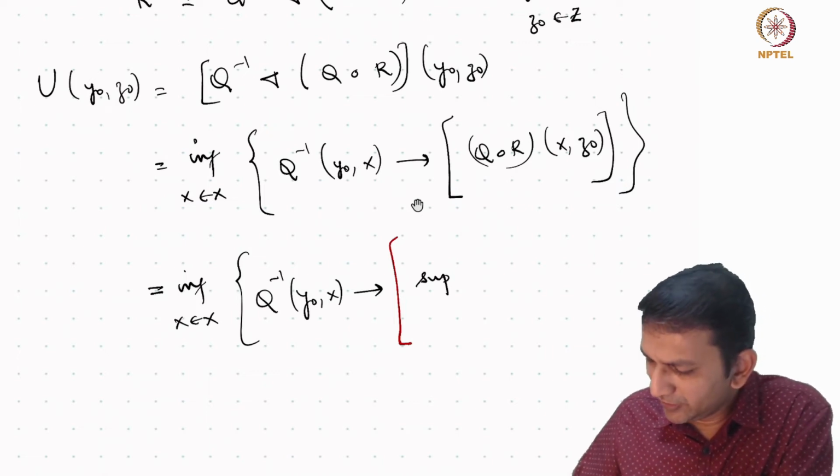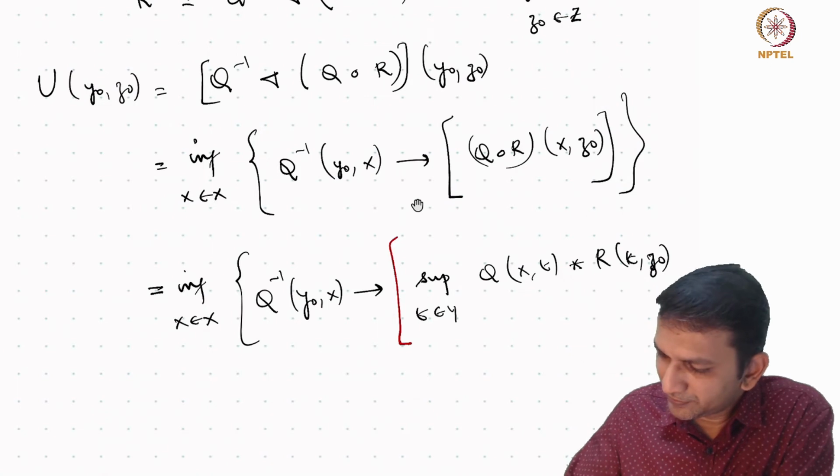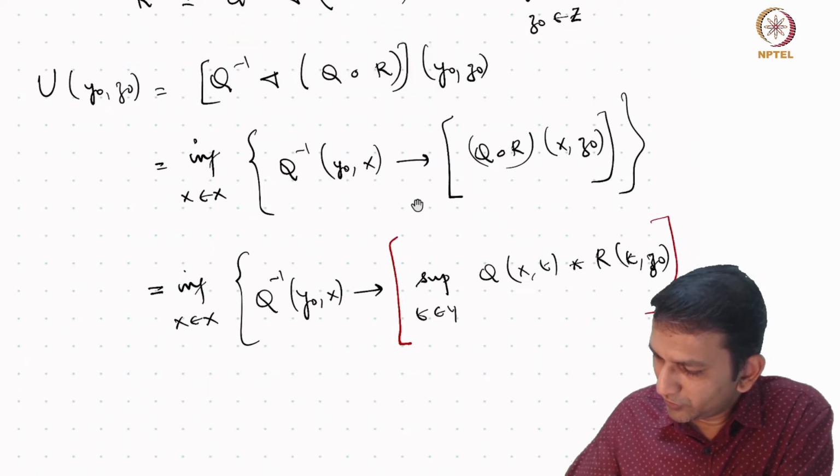It is the y that will vary. So the supremum over t element of Y of Q of (x, t) star R of (t, z0). So this is what we have here.